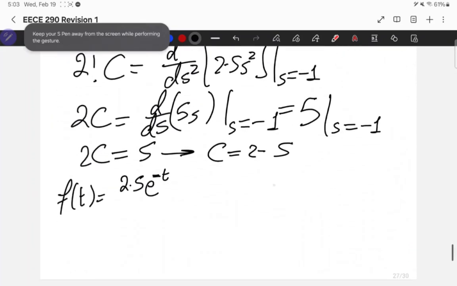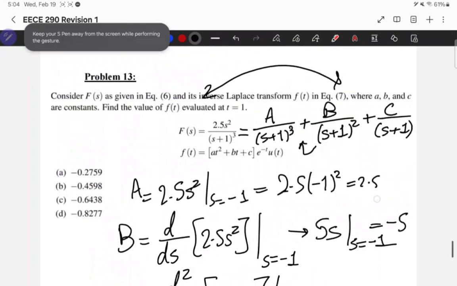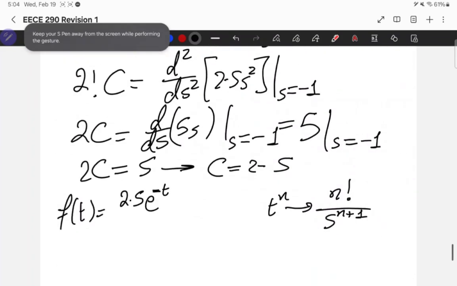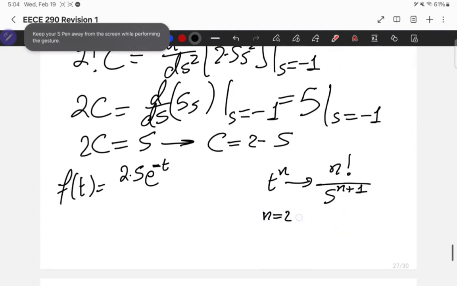I remember that t to the n goes to n factorial over s to the n plus 1. This is in the formula sheet. Now my denominator is s cube, so (s plus 1), all of it cube. So n needs to be 2. T square will go to 2 factorial over s cube.